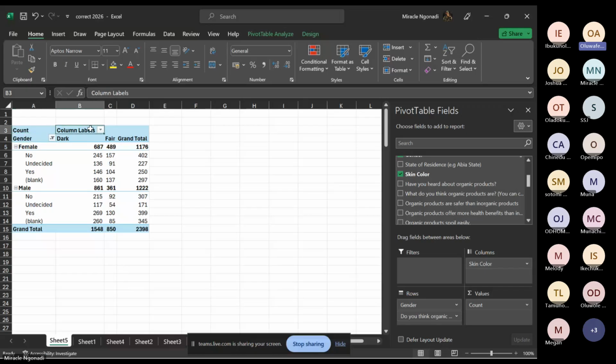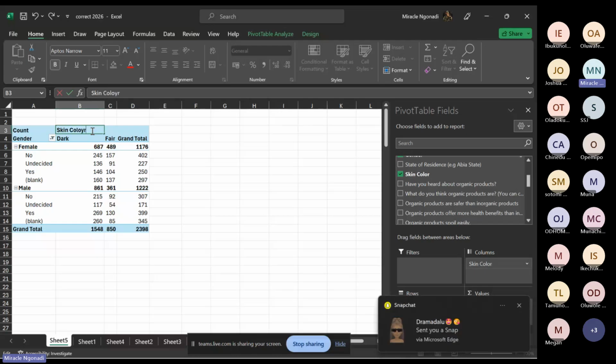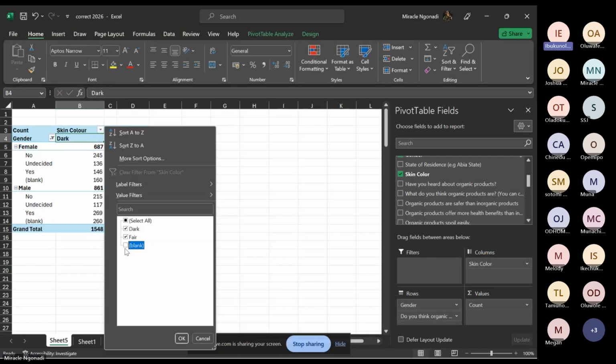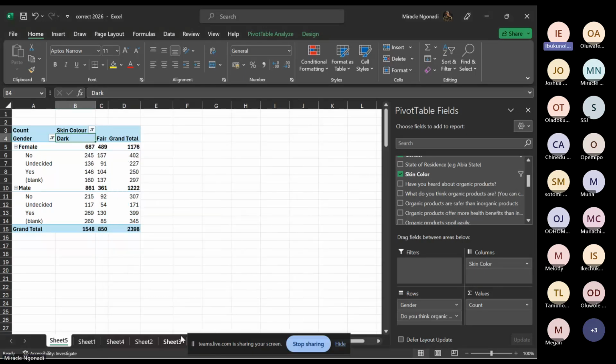So double click and change the name, or skin color, depending on how you want to put it. I've done it, sir. Okay, good.